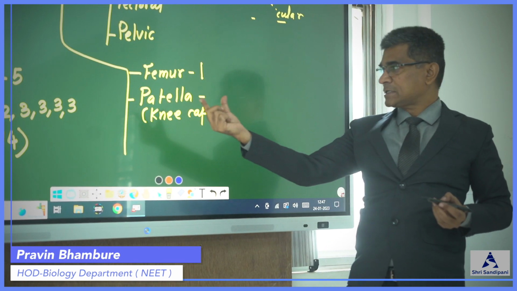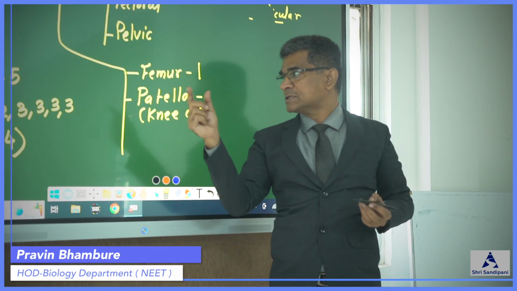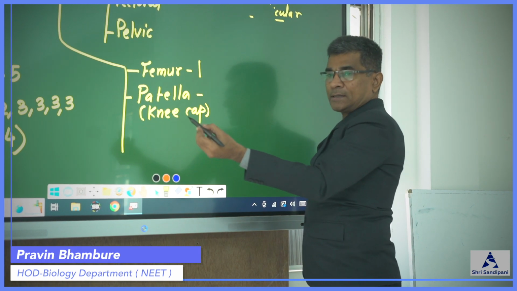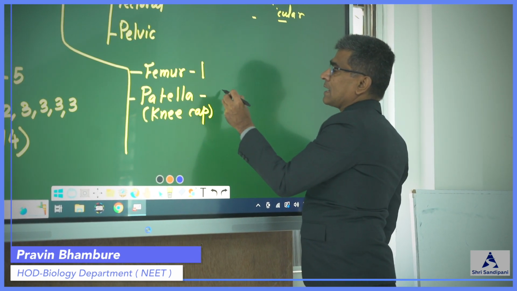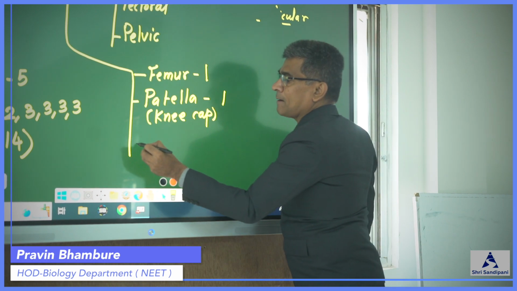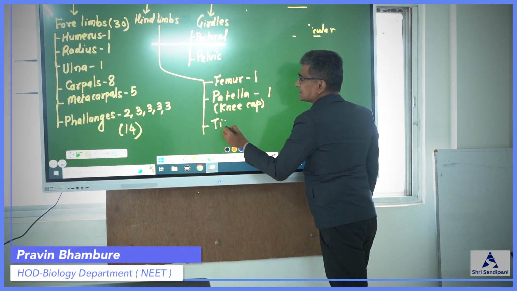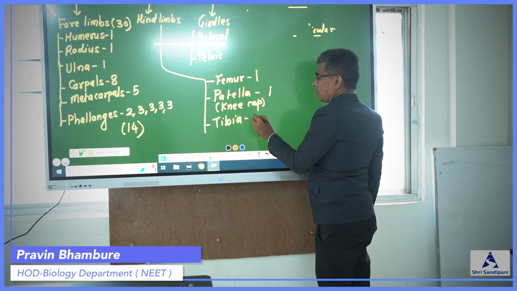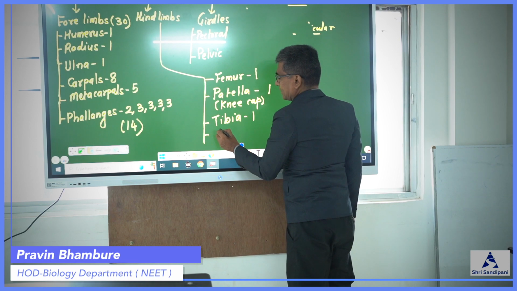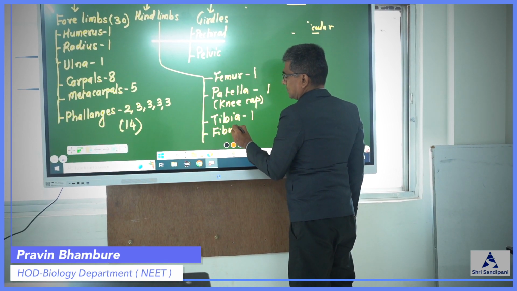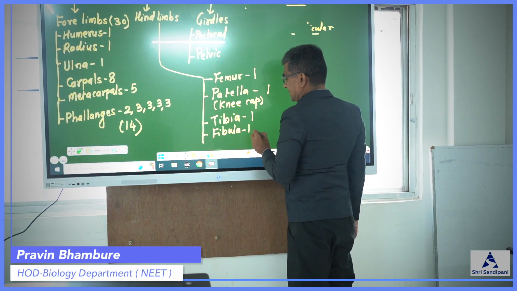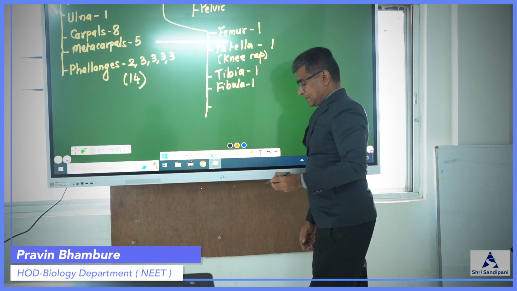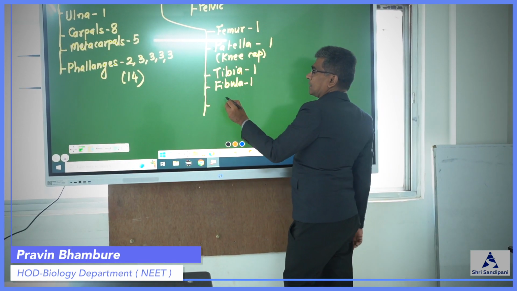A sesamoid bone is one which is formed by ossification of tendons, and the patella is the ossified bone made from tendon, and we have one patella in one leg. Then next is tibia, the front bone, tibia 1. Then at the back, fibula, and that is 1.